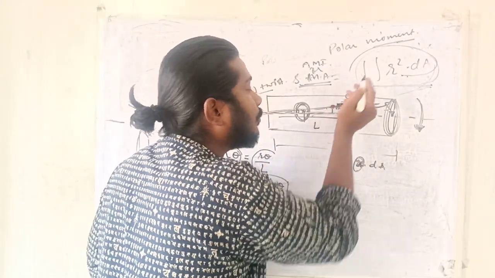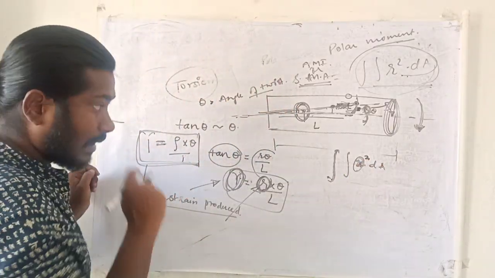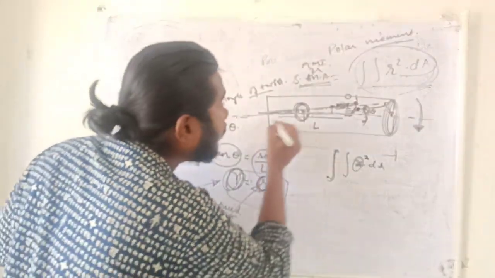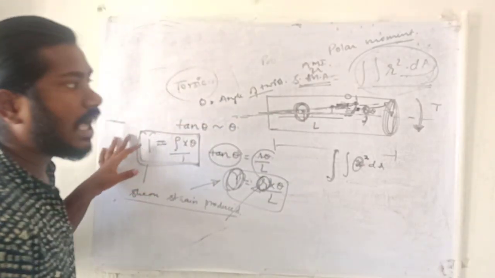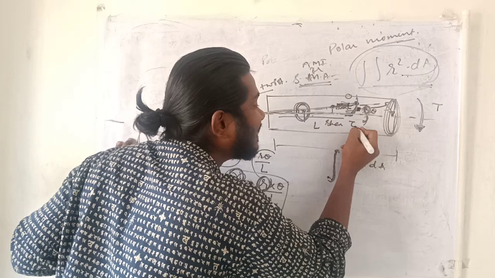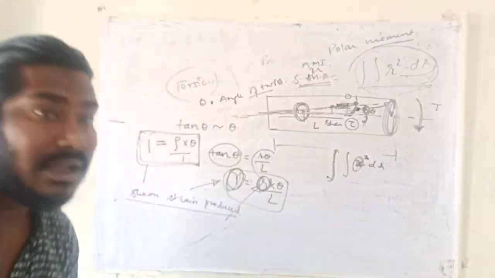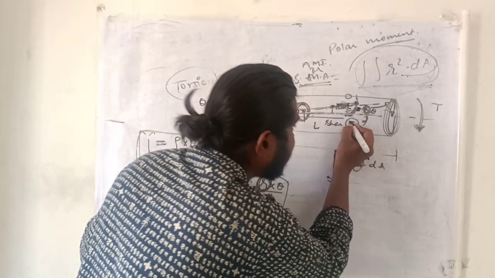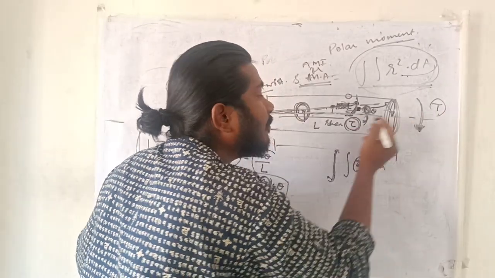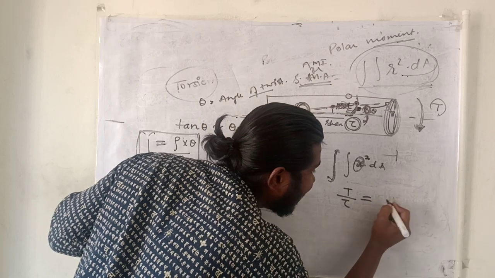If I have to calculate the polar moment of inertia, it would be x square dA. Now in the complete rotation, you can find out what its relevance is. I have applied the torque T here, which will produce the shear stresses tau inside it. Now if there is an imbalance between the T and tau, what will happen?